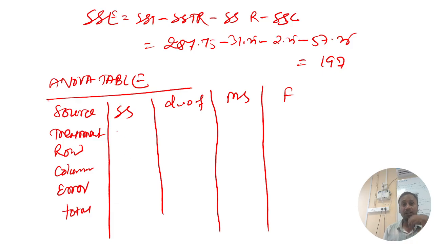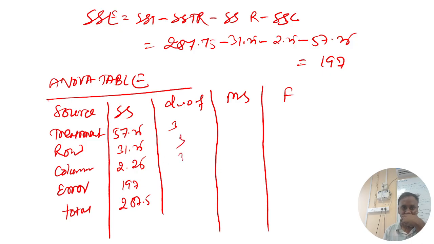Treatment SS is 57.25. Row, how much we have? 31.25, 2.25, 197, and total 287.75. Degree of freedom for the treatment is 3, for row 3, for column 3, and for error (4 minus 2) into (4 minus 1), which becomes 6. For total, P square minus 1, 16 minus 1, becomes 15.